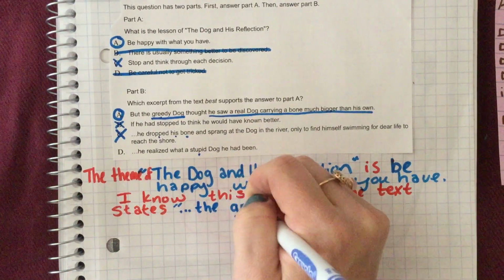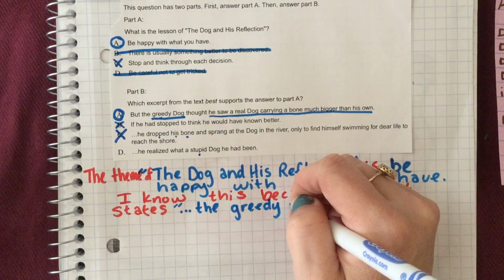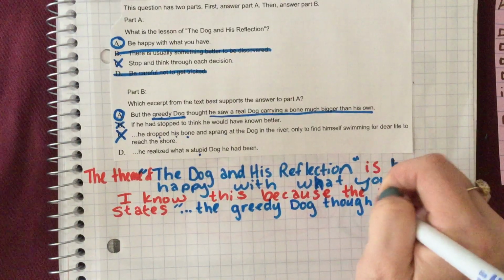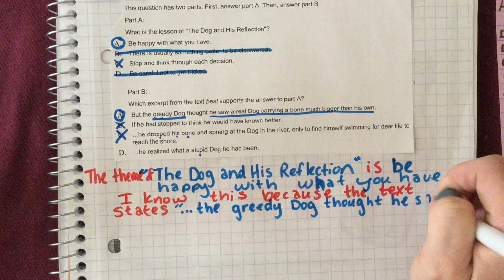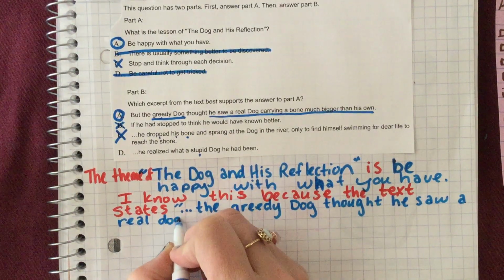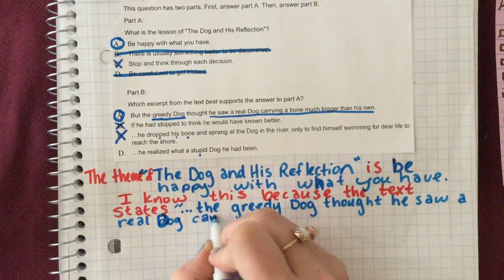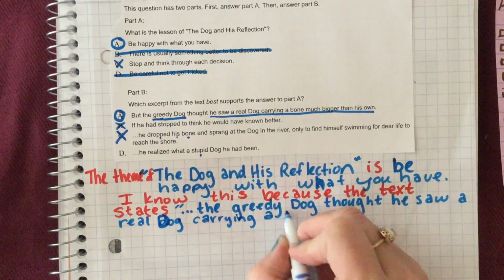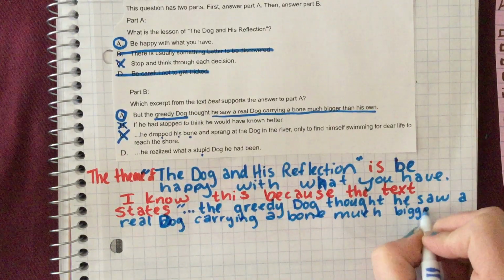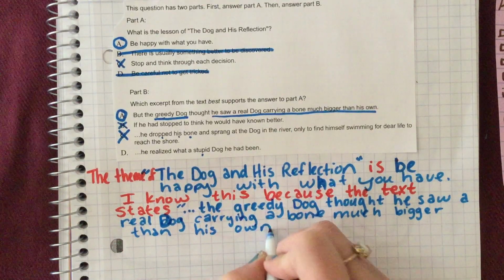the greedy dog thought he saw a real dog, carrying a bone much bigger than his own.